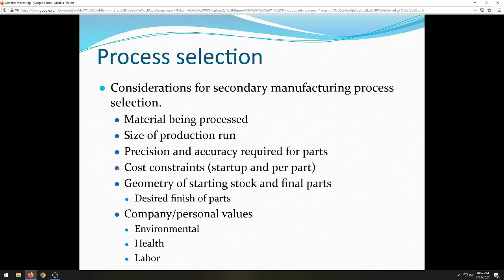Again, anything that requires a form or a mold, that's permanent, especially when it comes to metalworking, or plastic injection molding, things like that. Those molds have huge costs, so those would only be for high production runs.